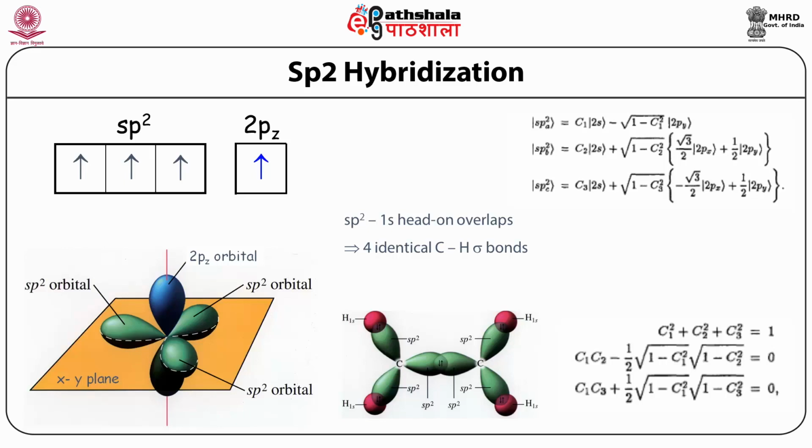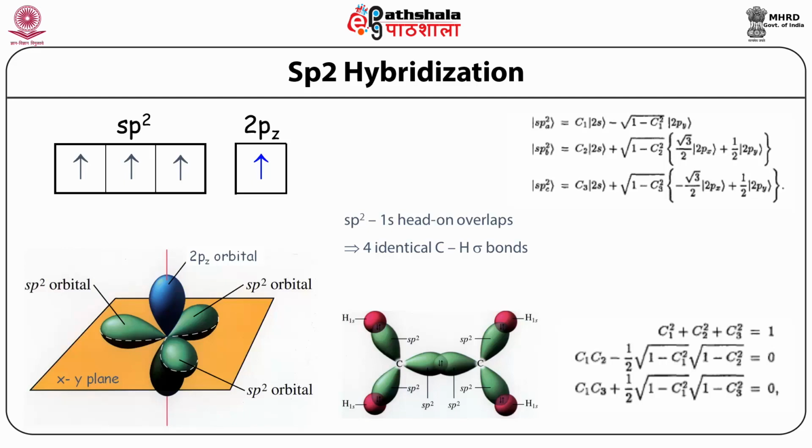Now the 3 sp2 hybridized orbitals are made from 2s, 2px and 2py orbitals, and they are given by sp2a is equal to C1 2s minus root of 1 minus C1 squared 2py.